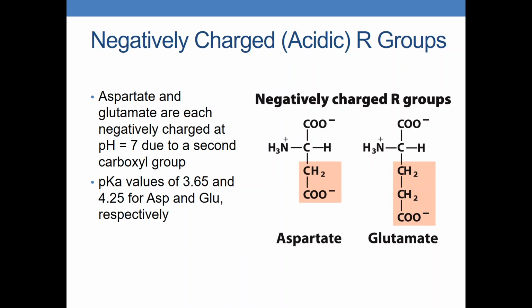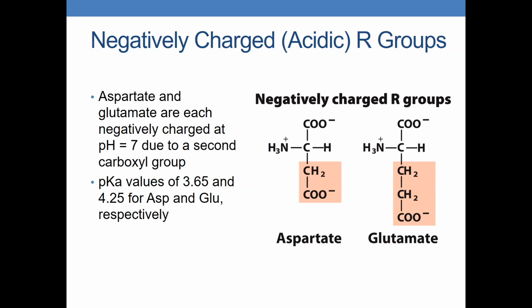Now the pKa values are slightly different here. Aspartate's carboxylate has a pKa of 3.65, and for glutamate, 4.25. For reasons that we will talk about soon, this difference in pKa is chemically explainable.